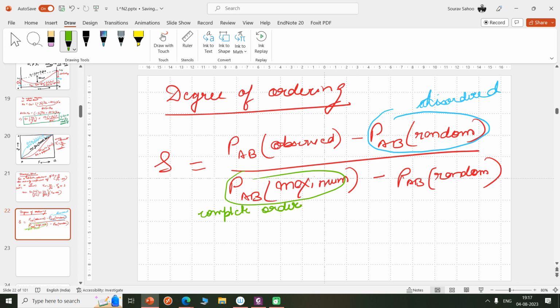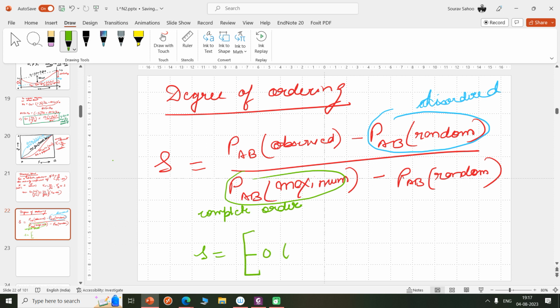Okay, so this will give us the degree of ordering, and then it can tell us whether the ordering is along a short range or along a long range. So we have three cases where S can be equal to 0.